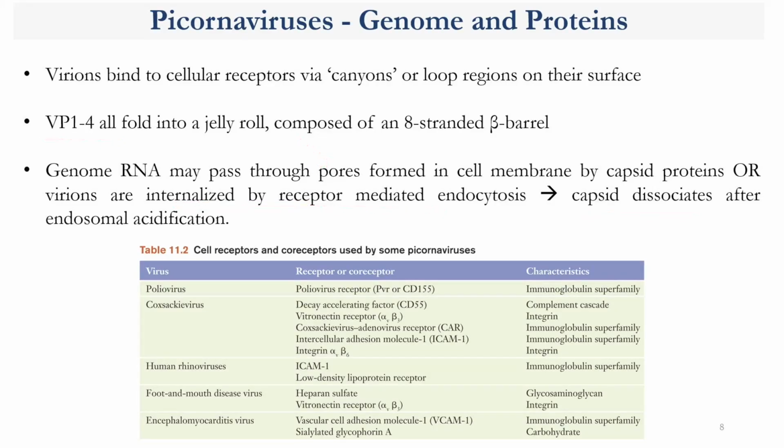So just to show you guys an example, here are the different viruses, picornaviruses, and what they bind to in the cell. So you can see that there's a variety of different receptors that these viruses can bind to. And you can look at some of the characteristics. See anything common? What's common in the characteristics?